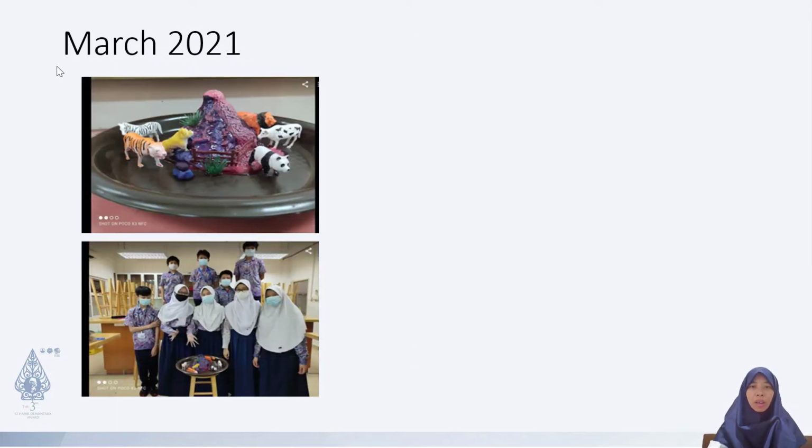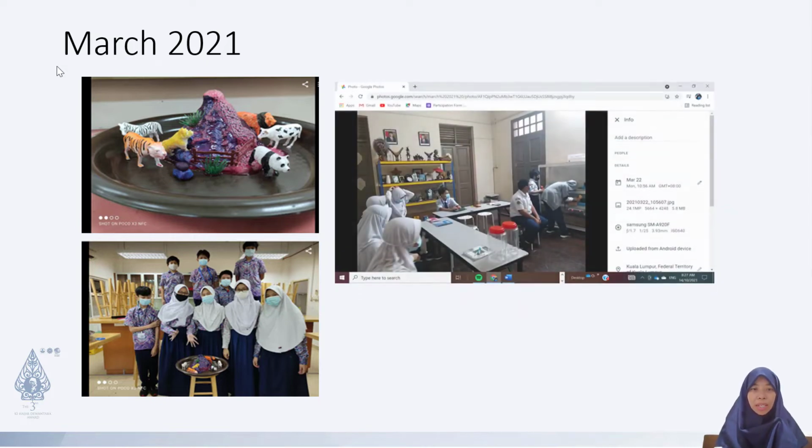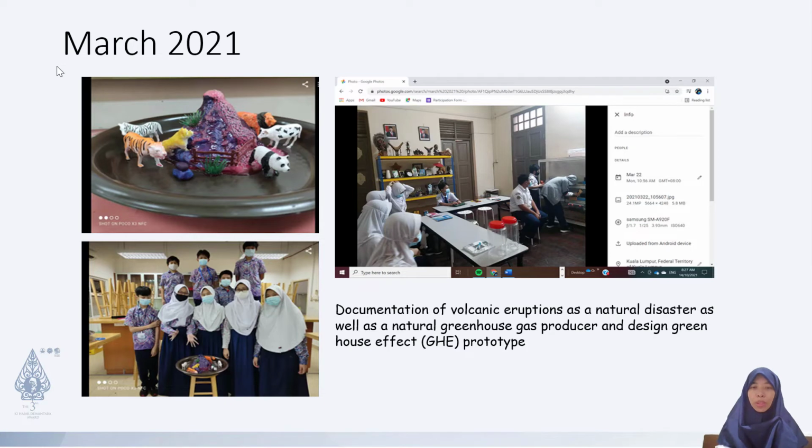After a few months of lockdown in Malaysia, in March 2020, learning at school became an opportunity to attract student attention to study climate change material in different classes, starting with a volcanic eruption experiment as a producer of natural greenhouse gases, followed by designing the greenhouse effect prototype.